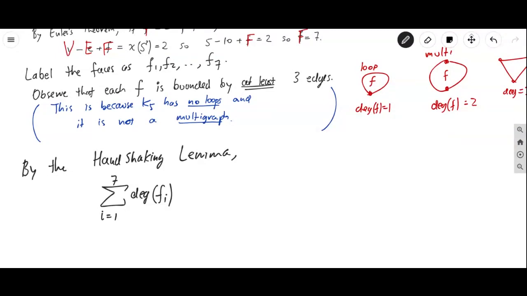So what is this equal to? This is equal to 2 times the number of edges, 2e. How many edges do we have? 10, so it's equal to 20.